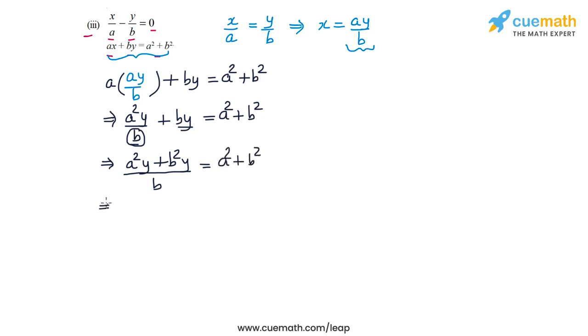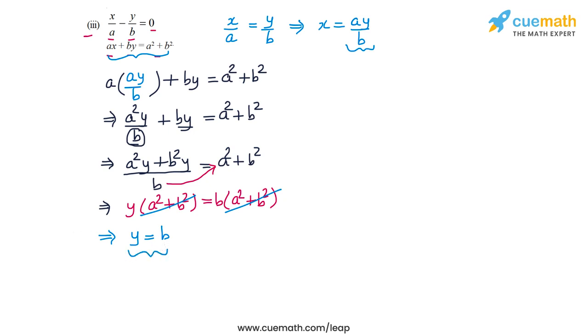In the numerator on the LHS, let's take out a common factor of y. So y times a square plus b square, and let's cross multiply this b on this side. So we have b times a square plus b square. Finally I can cancel out this common factor of a square plus b square, and that will give me y equal to b.